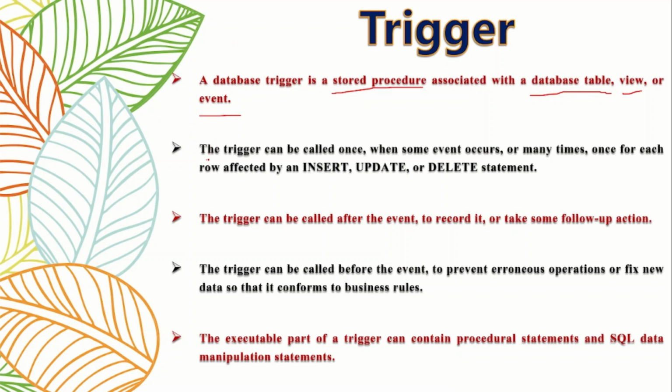The trigger can be called once when some event occurs, or it may be called many times, depending on the number of rows affected by insert, update, and delete. These are the three events on which a trigger can be fired.